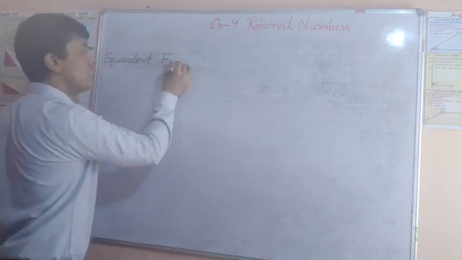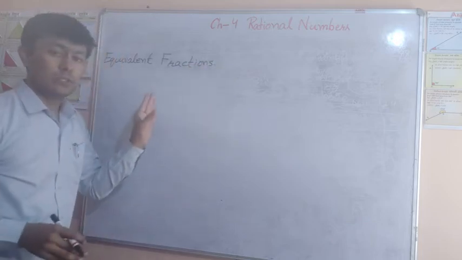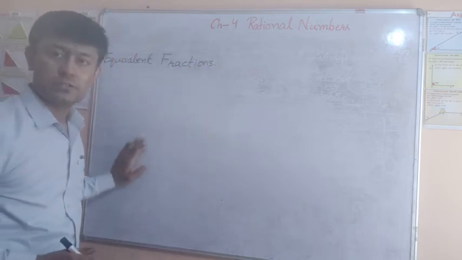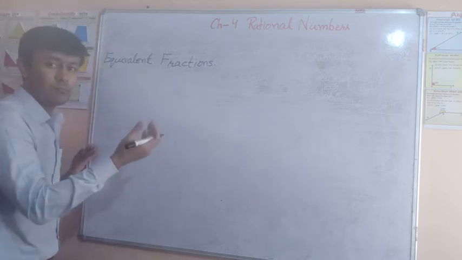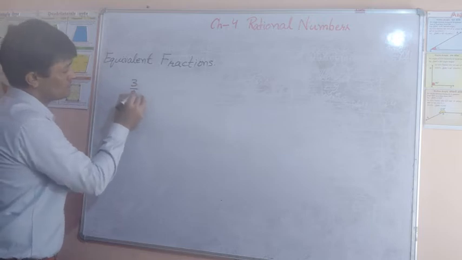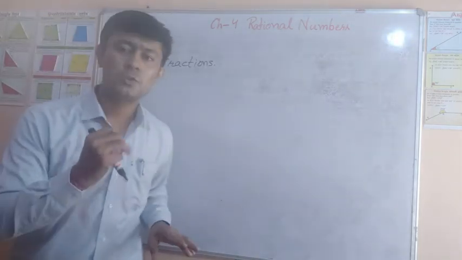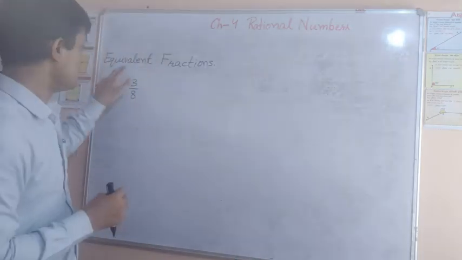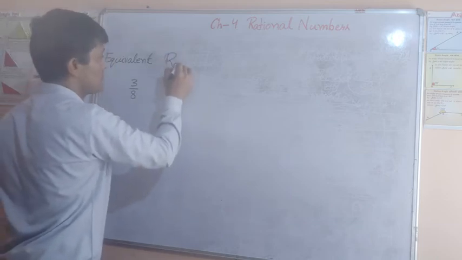Okay, now the next one is the equivalent fractions. How to find out the equivalent fractions? There are two methods. I have written as an example, I am writing here the question: 3 by 8. You have to find out 3 equivalent rational numbers. 3 equivalent, not the fraction, sorry, the rational numbers.